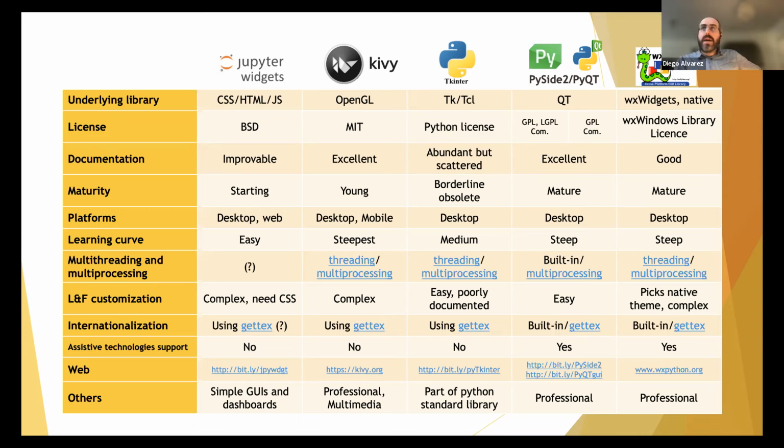For the case of wxPython, it uses wxWidgets, which in turn uses the native graphical libraries of the operating system when it is run. So it will use whatever Windows uses, which I don't know what it is. It will use Cocoa for macOS. For Linux, it will depend on the sort of desktop that you are running.